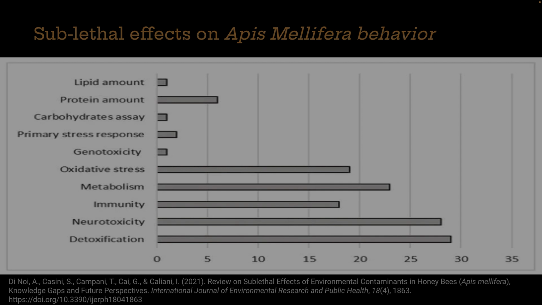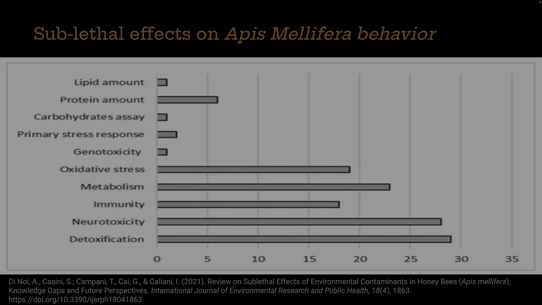Next, we consider a review by Dinois et al. 2021 regarding the sublethal effects of environmental contaminants, acaricides included, and their effects on colony behavioral function. This study ultimately showed that acaricides like flumethrin and coumaphos impair foraging and communication behaviors among worker bees greatly.